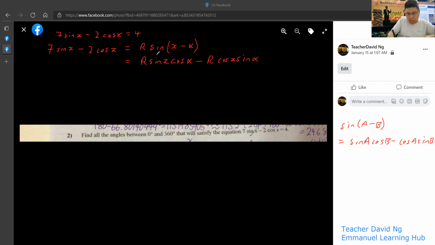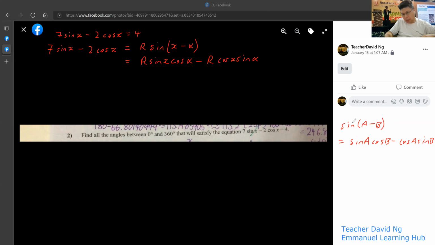So if I have to expand my sine x minus alpha, my x is your A, my alpha is your B. So sine A cos B is your sine x cos alpha, minus cos A sine B, so cos x sine alpha. And R you multiply in, both sides have R. I hope I explained clearly how come you expand your R sine x minus alpha this way.